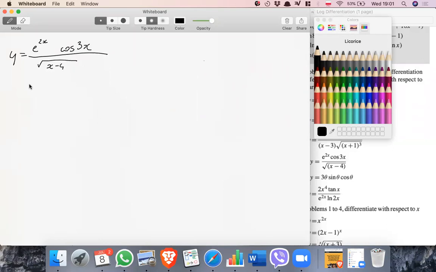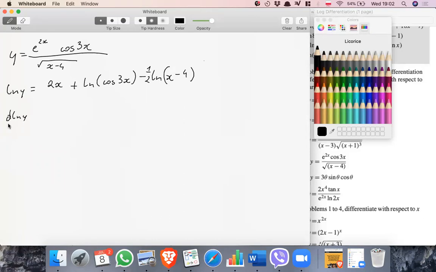So again, the first step is to take natural log of everything. ln of y equals natural log of e to the power 2x, which is simply 2x, plus ln of cos of 3x, and then minus ln of x minus 4 to the power of half. So I'm just going to put half in front of natural log.